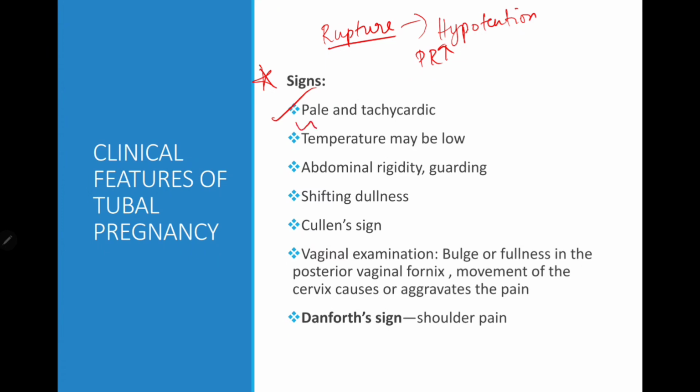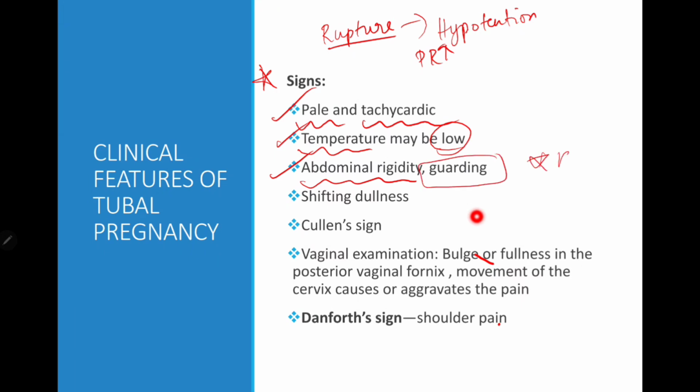So pale and tachycardic. Next, the temperature may be low. The third one is abdominal rigidity and guarding, a very, very important feature.